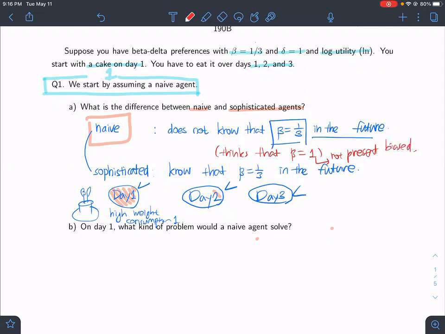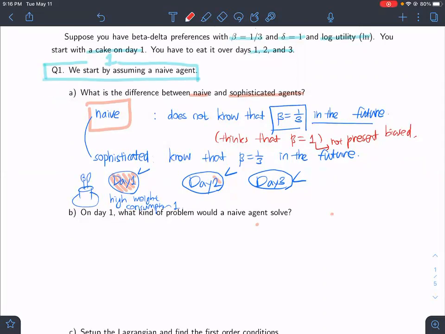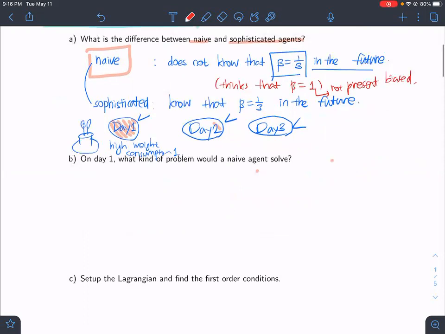If you're sophisticated, then you know that in the future you'll discount the benefit by 1/3. Does that make sense? Okay. So do you know, or do you don't know about beta of the future? It's splitting naive versus sophisticated agents.